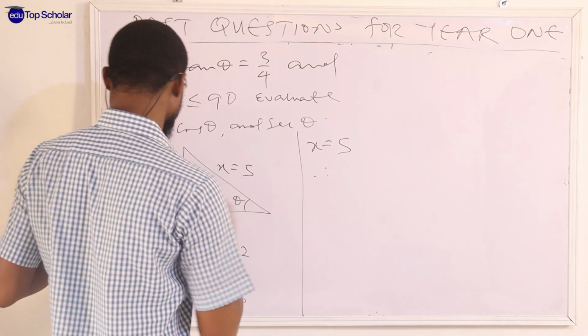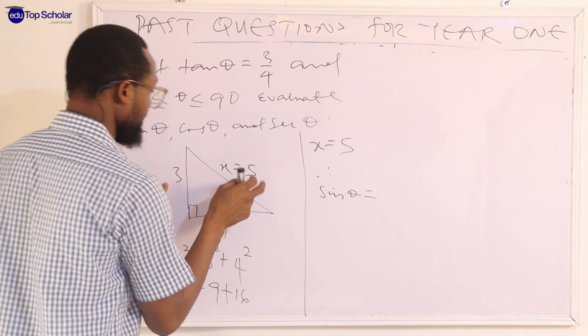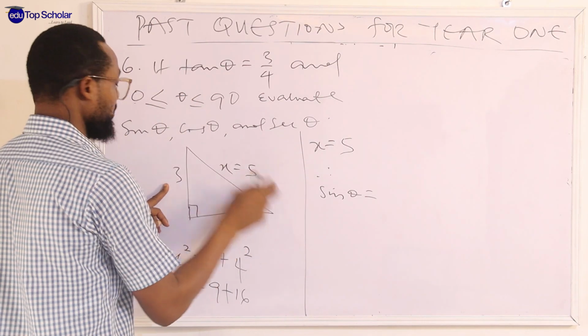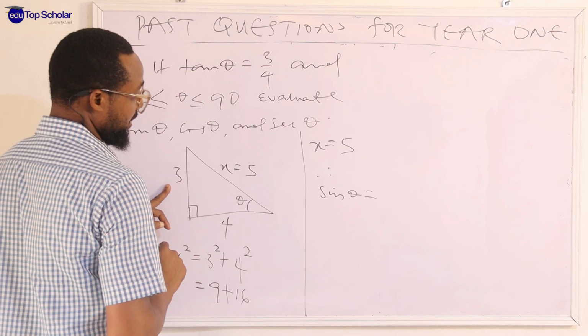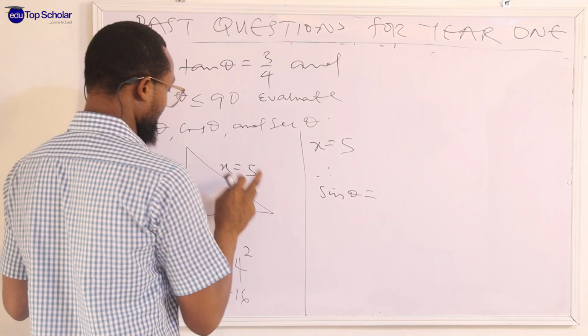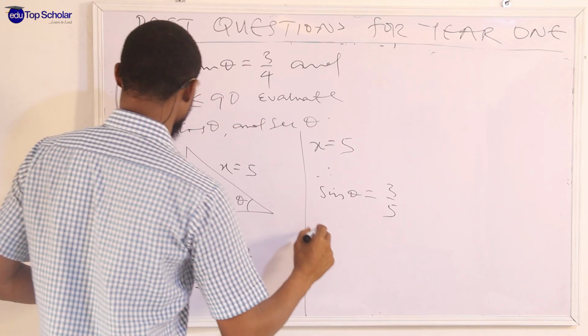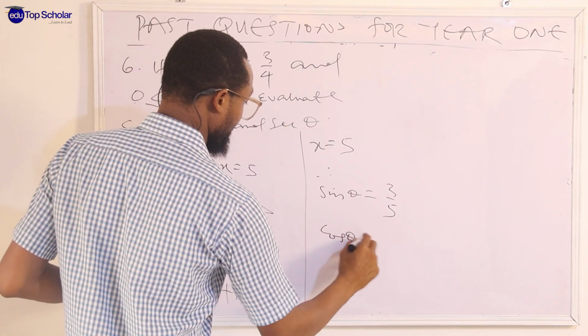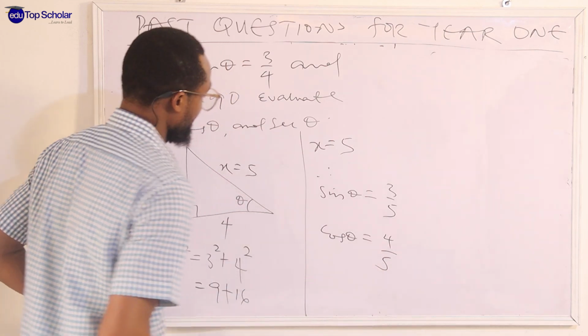Therefore, now that we have all these sides, sin theta is equal to, we only need the hypotenuse to compute sin theta and cos theta. So sin theta will be opposite over hypotenuse, 3/5, straightforward. And cos theta is equal to adjacent over hypotenuse.